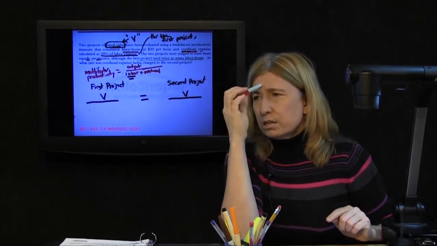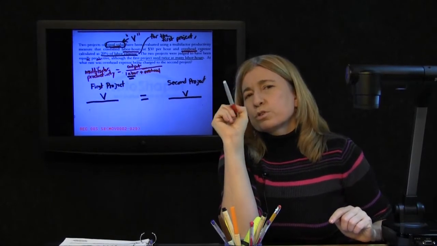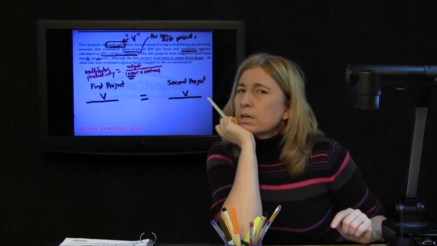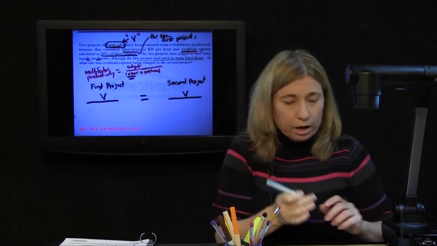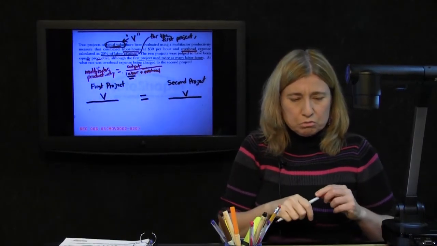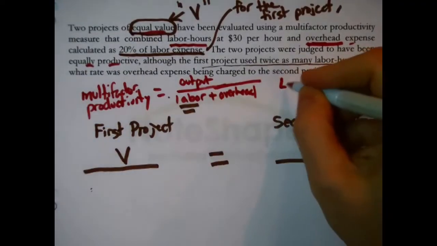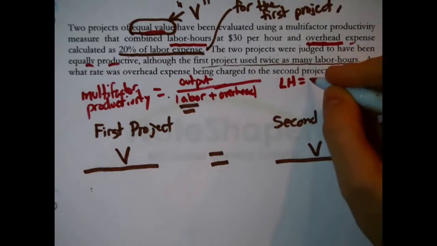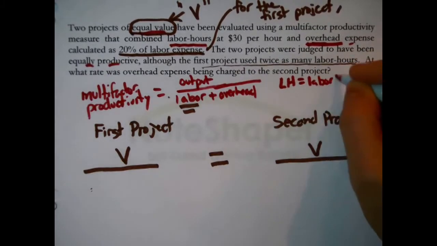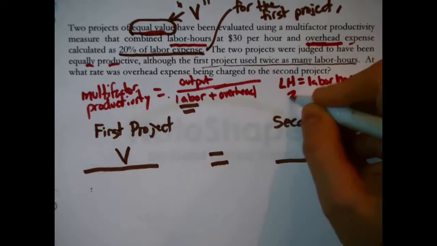I need a symbol for the number of labor hours used by the second project. I'm going to choose LH. Let LH equal labor hours of second project.